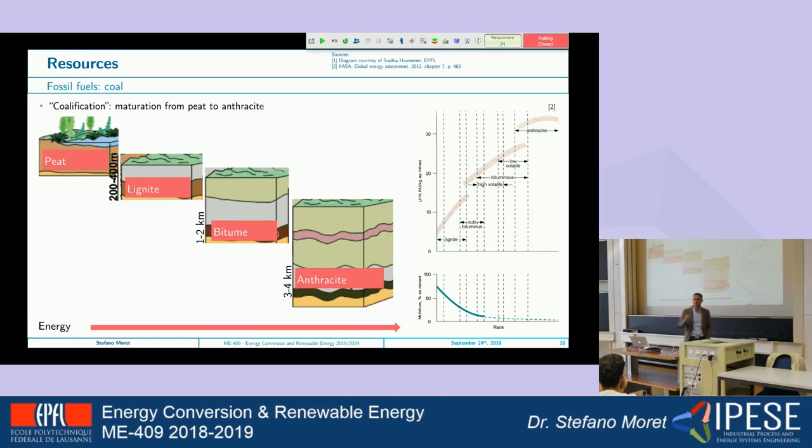So you go for the lowest quality, which is peat, which is very good for whiskey, but not for energy production. Yes, I just said energy production, so you see that it's a common mistake. And the highest level of coal is the one that we find at the lower level, so around 3-4 kilometers depth, and is the one which is anthracite, and is the one that has the lowest moisture content and the higher energy value.